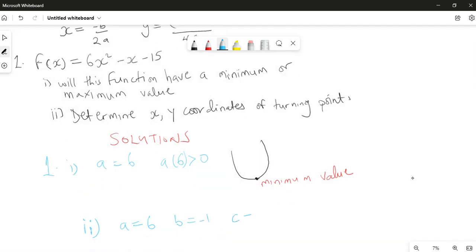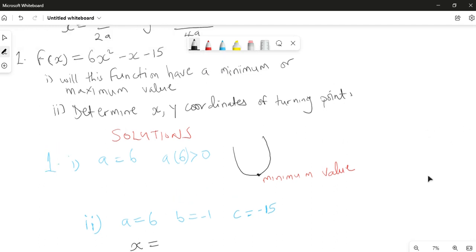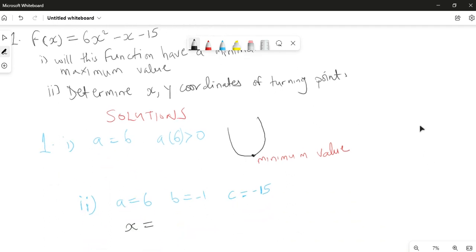And C equals negative 15. So let's find our x coordinate. I'm going to say x equals, go to our formula here, negative b over 2a.